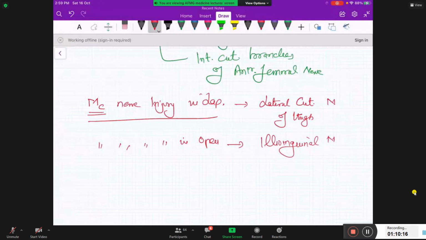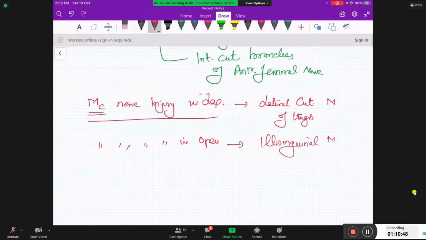Now, how are they going to ask you these questions? Since they are asking clinical questions these days, they will not directly ask which nerve is most commonly injured in laparoscopic hernia repair. They will ask that the surgeon was doing a laparoscopic TEP repair for inguinal hernia, and in follow-up, a patient complained of sensory loss over the lateral aspect of thigh.